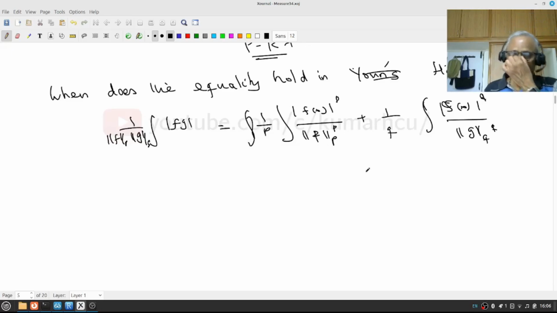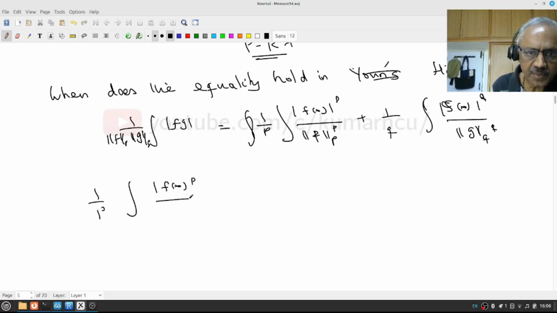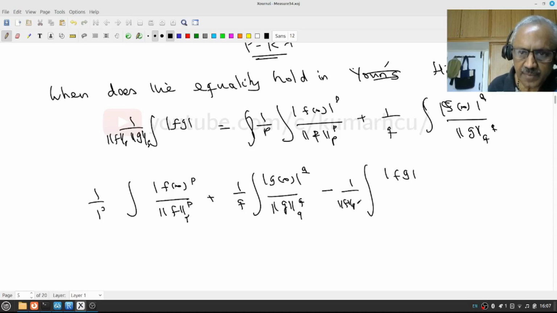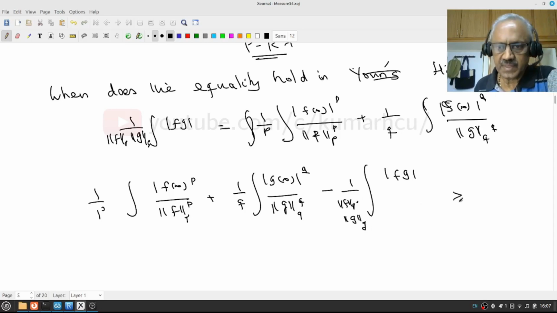This side is supposed to be greater, therefore if I take (1/p) integral of |f(x)|^p by the LP norm of f to the power p, plus (1/q) integral of |g(x)|^q by the LQ norm of g to the power q, minus the integral of |fg| by the LP norm of f into the LQ norm of g, this is greater than or equal to 0.